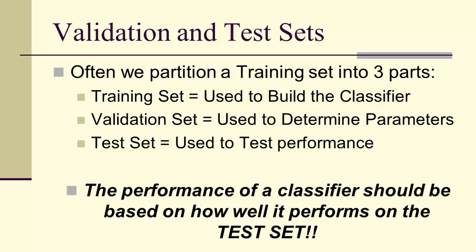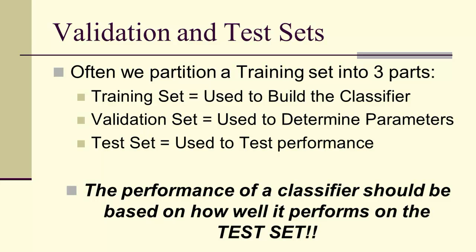So what do we mean by that? Well, let's just recall, we've already talked about this a little bit, but remember we can take a set of data and we can break it into 3 parts. And a lot of times we take, for the actual design of a classifier, an entire training set itself, and we might break it into 3 parts.